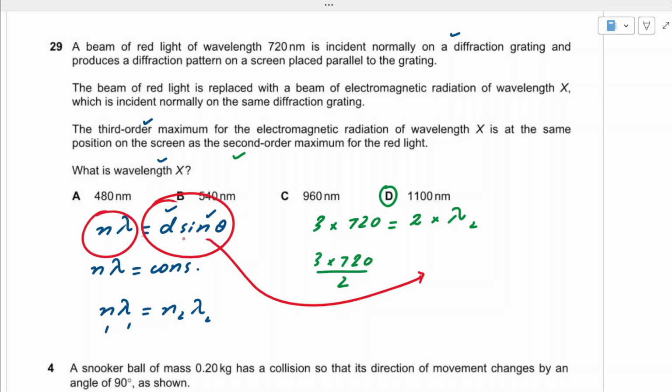If n lambda is constant, the product of n and lambda is constant. For example, when we say product of pressure and volume is constant, can we not write the expression P1 V1 equals P2 V2? Then we can also say P3 V3, but usually we go up till P2 V2.